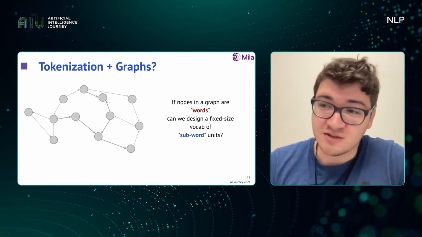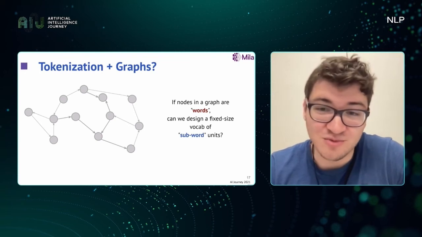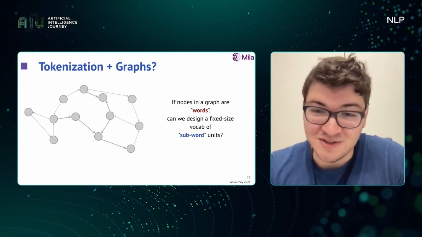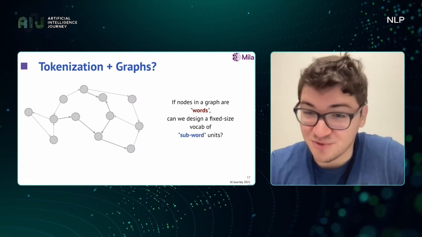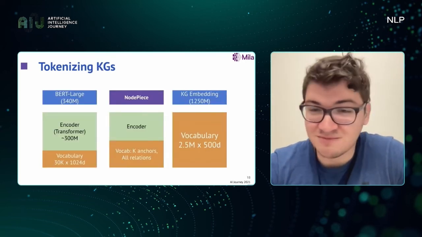If we try to express this idea through graphs, does tokenization work with graphs? If nodes in a graph are words, can we design a fixed size vocabulary of tokens?